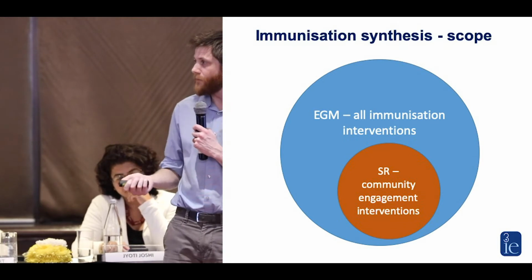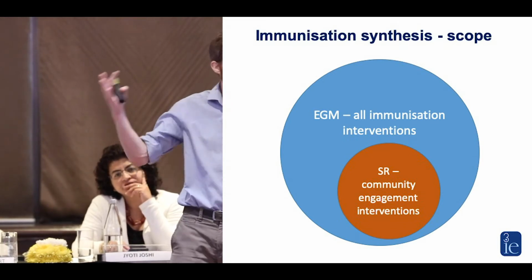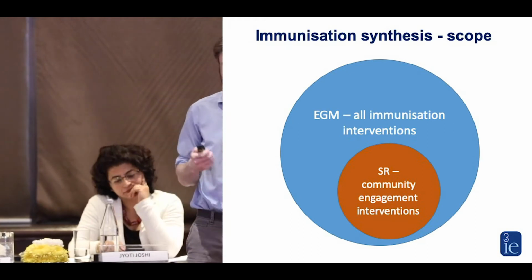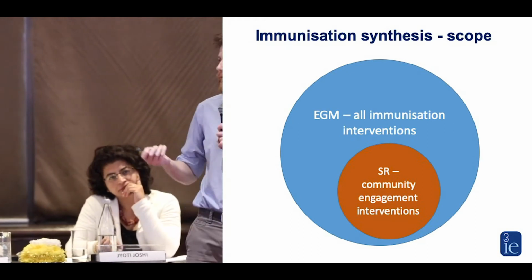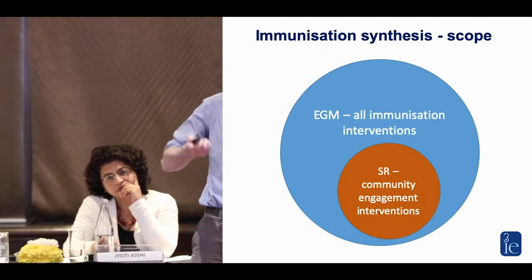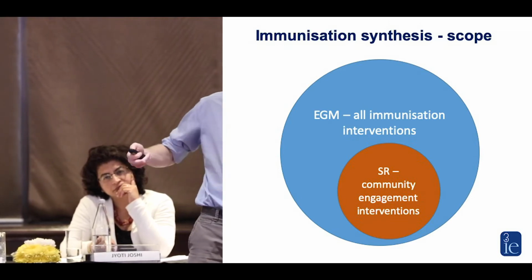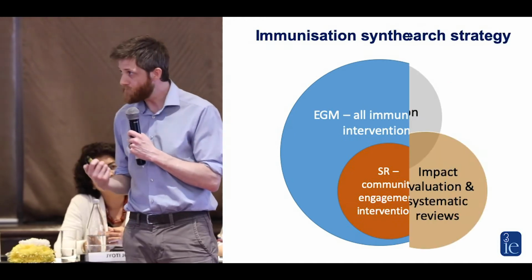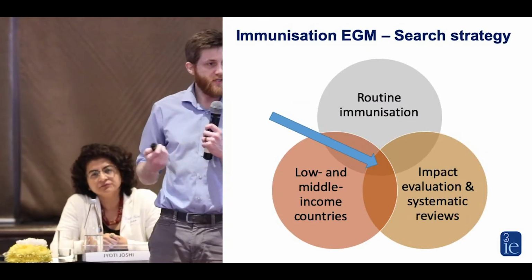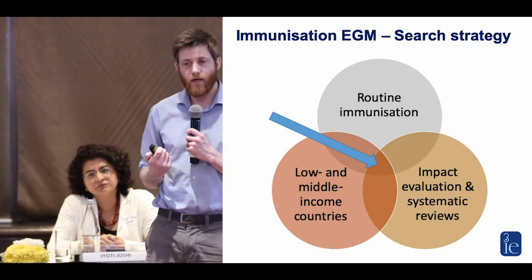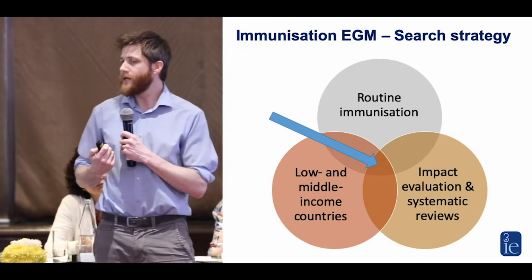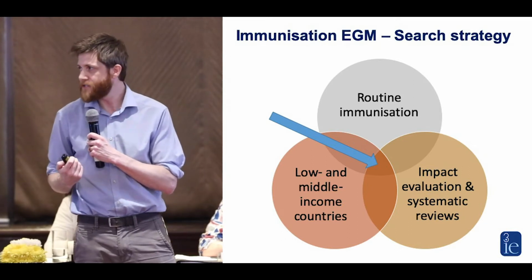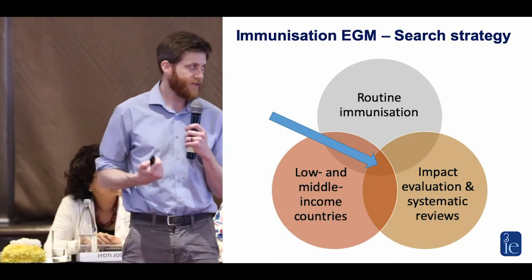So we'll have this really broad picture of the entire domain of evidence about moving vaccination outcomes, and then we'll be taking a more intensive look at a subset of those. We're doing these in parallel because a lot of the processes are the same for identifying studies. As far as how we looked for studies, we did a broad literature search of academic databases, and we were looking for 3 things.